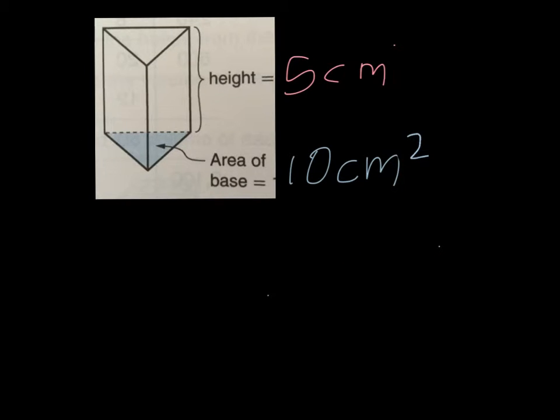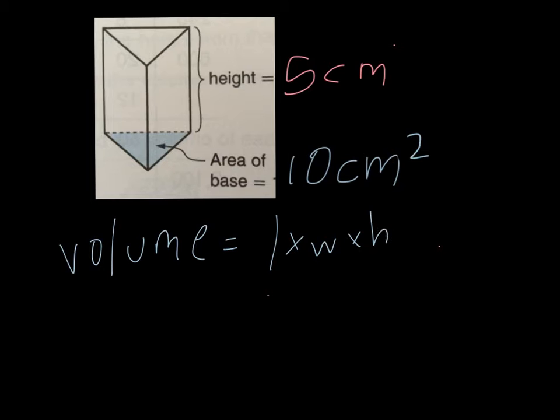All right, so we know that the volume is equal to length times width times height, or base times height, because base is the same thing as length times width. So here in this example, they've given us the area of the base, which is 10 centimeters squared. So let's just plug this in.